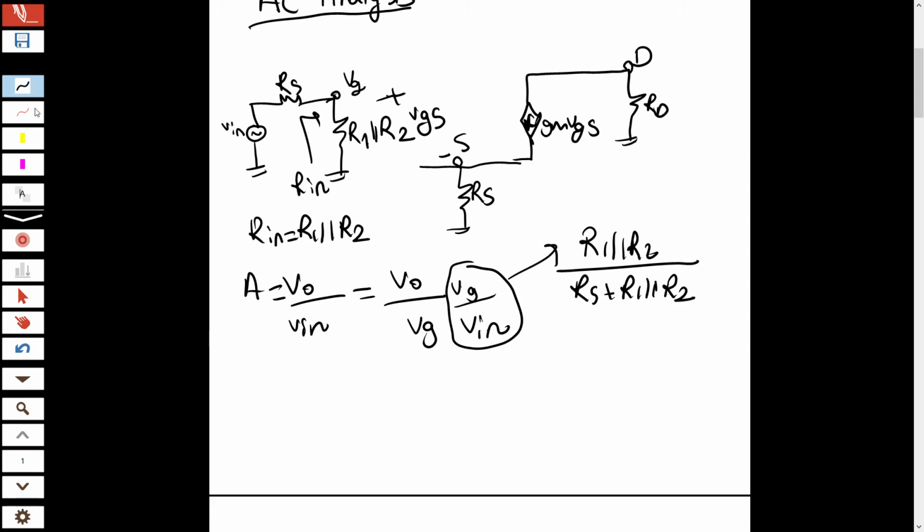The important part here, where the change happens, is in V output over V gate. Let's write V output. V output equals minus gm VGS times RD.